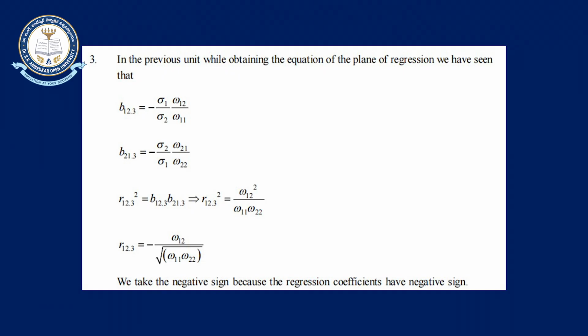That implies R12.3 whole square equals omega 12 whole square divided by omega 11 into omega 22. So R12.3 equals minus omega 12 divided by root over omega 11 omega 22. Here we take the negative sign because the regression coefficient has a negative sign. This is how it is obtained from the equation of the plane of regression.